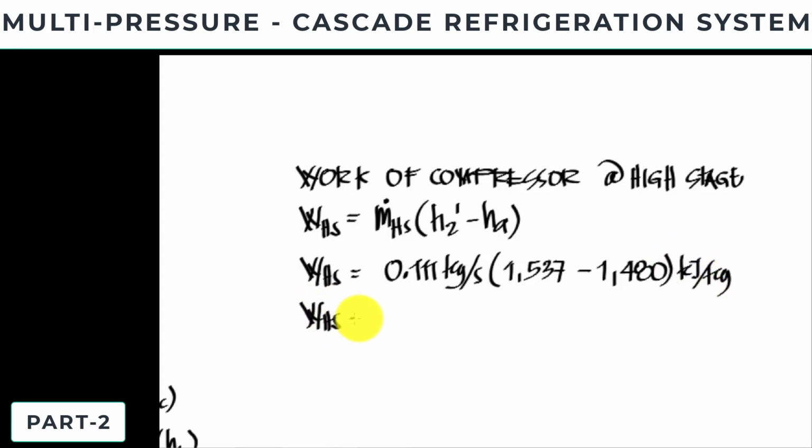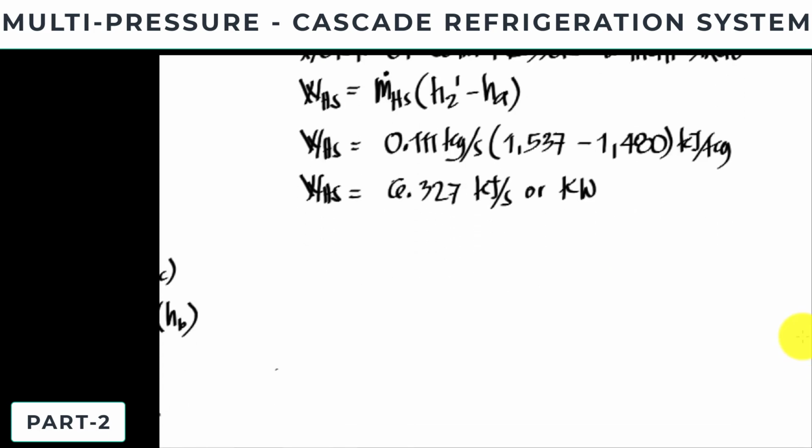So the work for my high stage is equal to 6.327 kilojoule per second. Let's say this is already in kilowatts. Now let's compute the total work, which is the work of the low stage plus the work of the high stage.